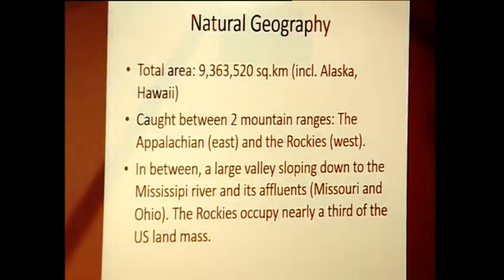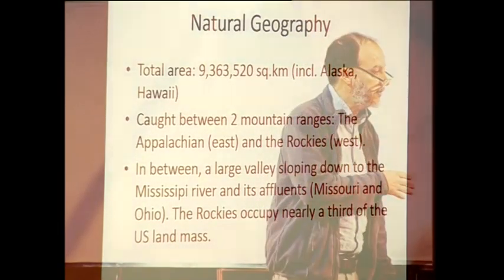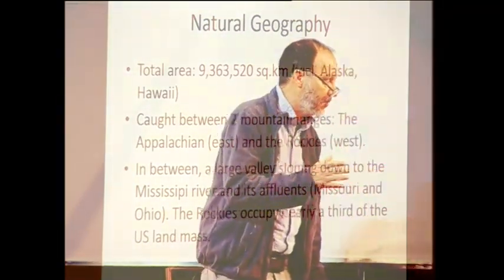Now, the total area is almost 10 million square kilometers, which is something like 13 or 14 times the area of Morocco. So it's including Alaska and Hawaii. And as I said, the United States is caught between two mountain ranges, the Appalachian and the Rockies, or the Rocky Mountains.